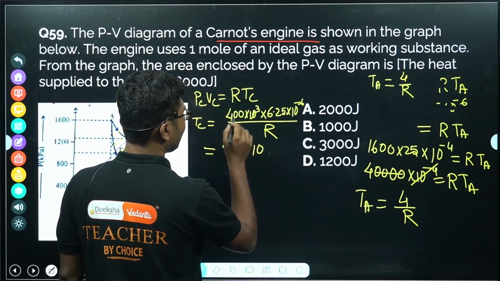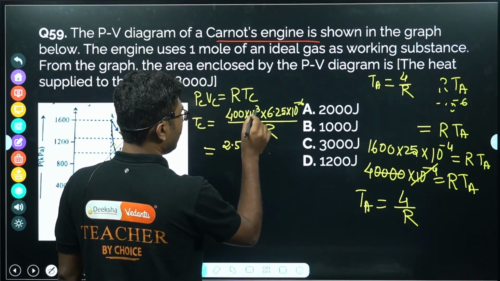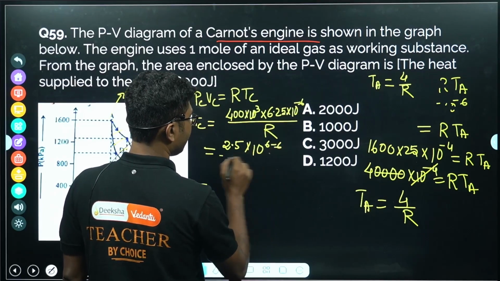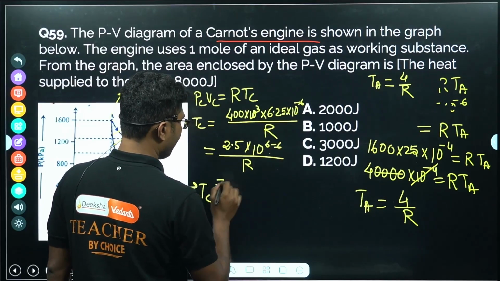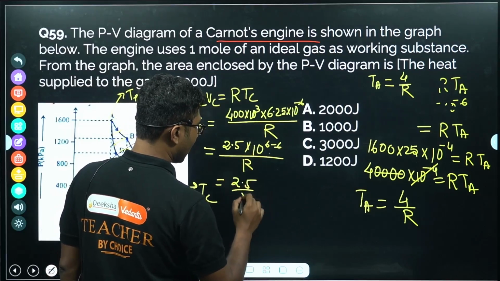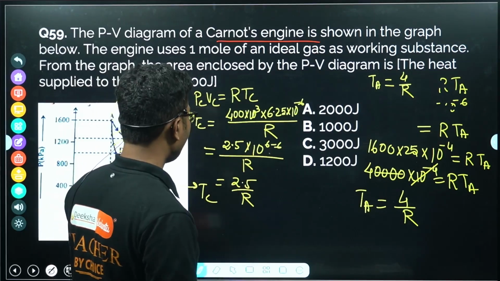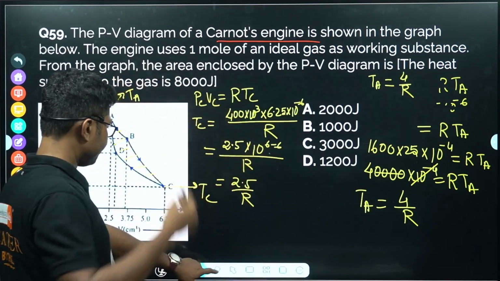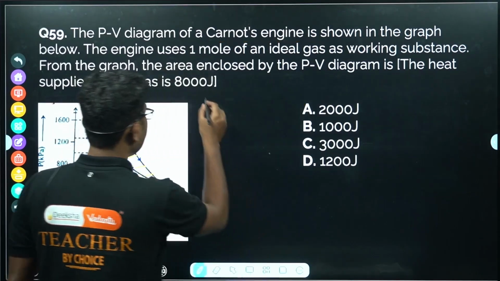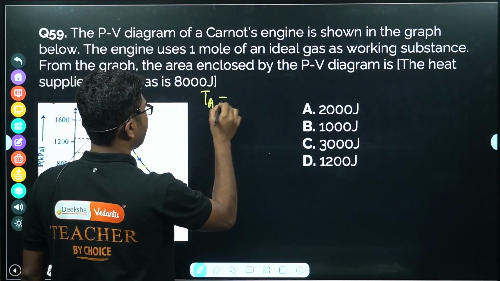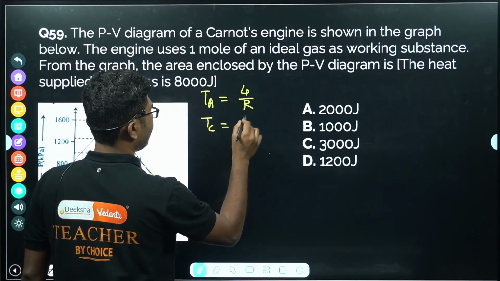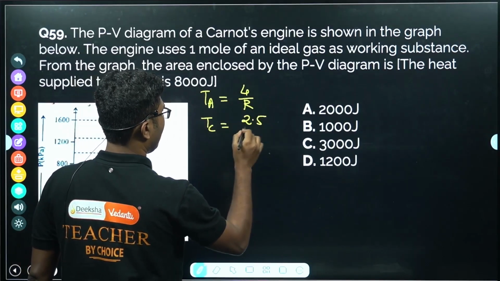So they will cancel, and you can use basic mathematics, it is very easy to calculate: 2.5 by R, that is the value of TC. So TA is 4 by R, TC is 2.5 by R.